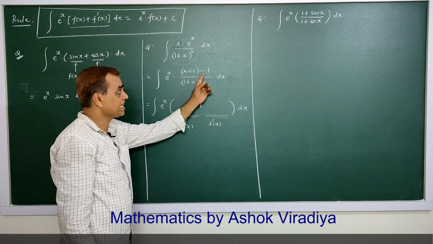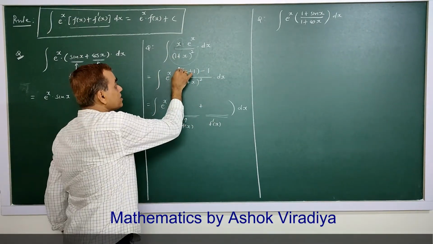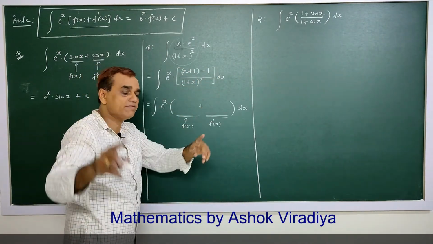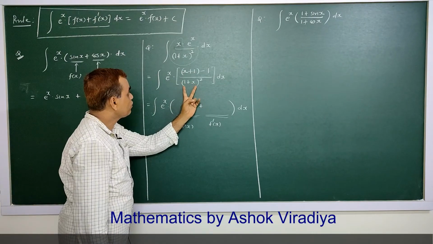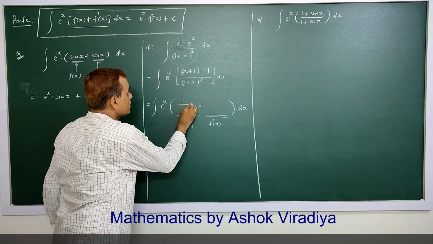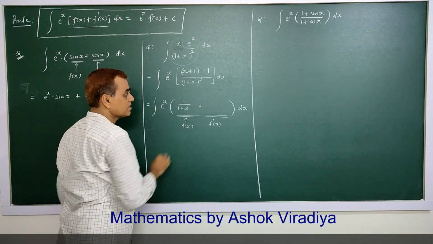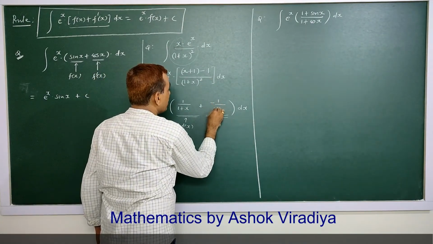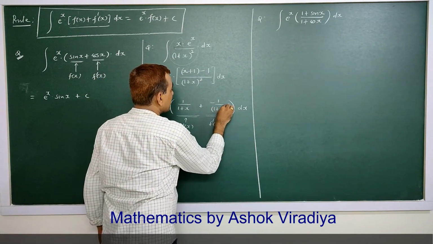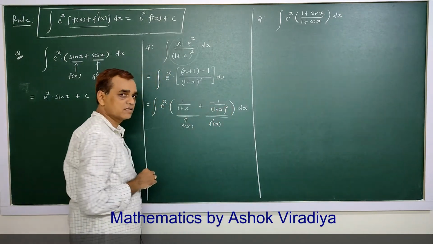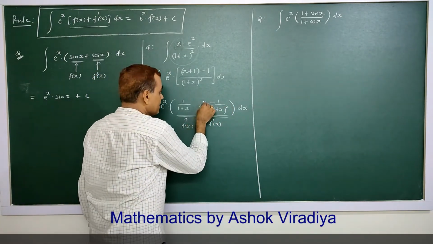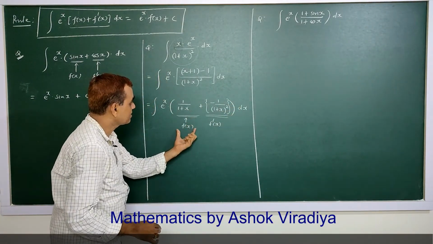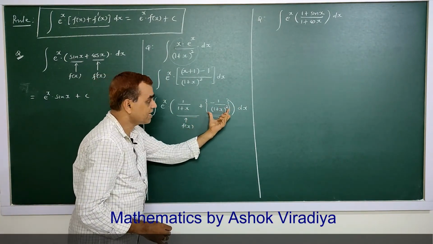Adding and subtracting 1, value remains unchanged. Now divide individually. (x plus 1) upon (1 plus x) square is 1 upon (1 plus x), and here minus 1 upon (1 plus x) whole square, and say here this is f(x), this is its derivative.